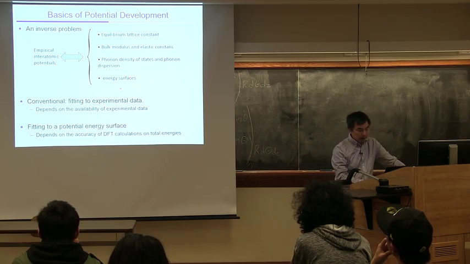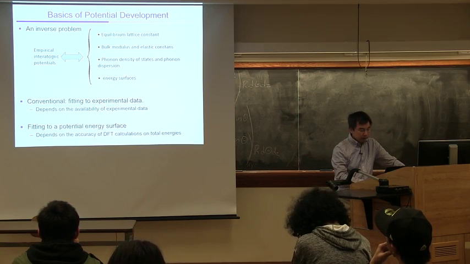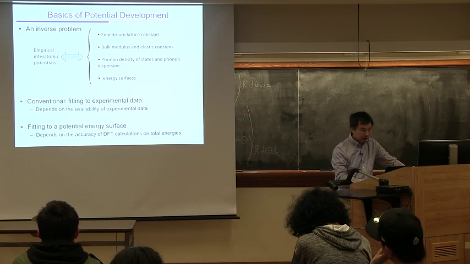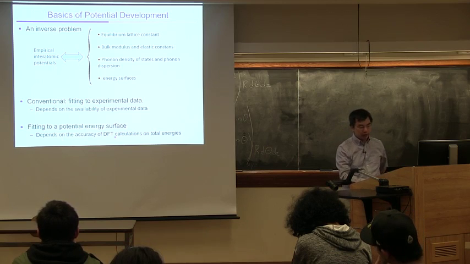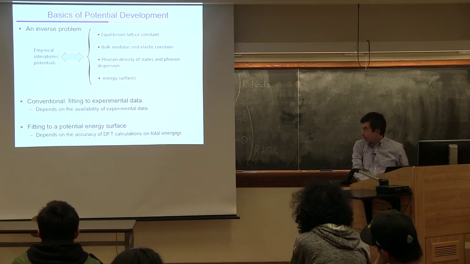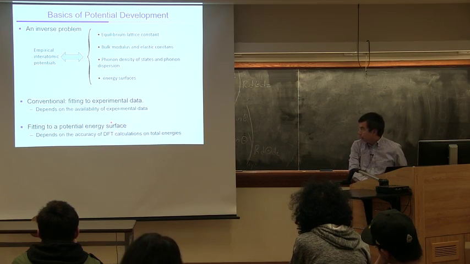So with that, we can also take advantage of this energy surface to derive the parameters in the interatomic potential. But that depends on the accuracy of the DFT calculation of the total energy, right? So if we use DFT, then the accuracy of these potentials relies on the accuracy of the DFT. It cannot be better than the DFT accuracy, right?